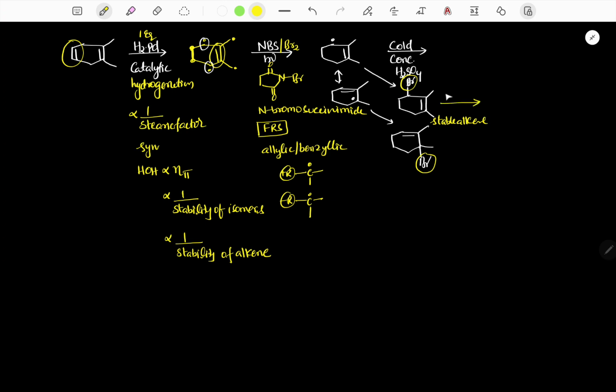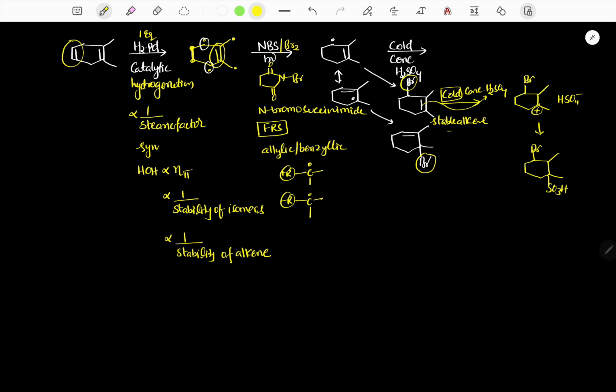Now, this major product is treated with cold concentrated sulfuric acid. It is a cold condition. In the cold condition, simply the alkene reacts with H+ and forms a stable C+, and the stable C+ reacts with HSO4-, and finally we get the corresponding alkyl hydrogen sulfate.